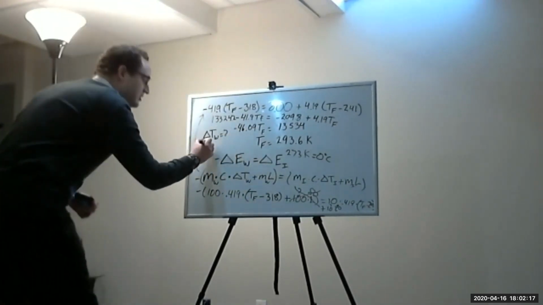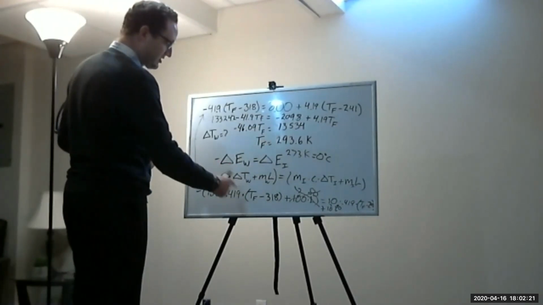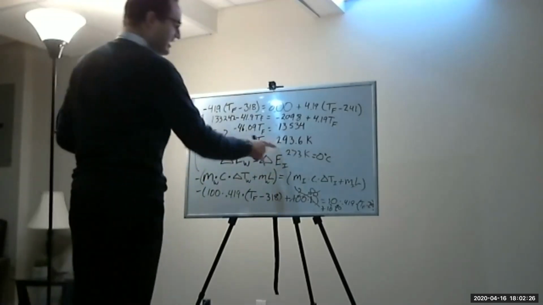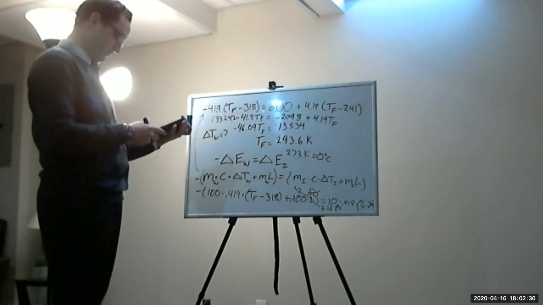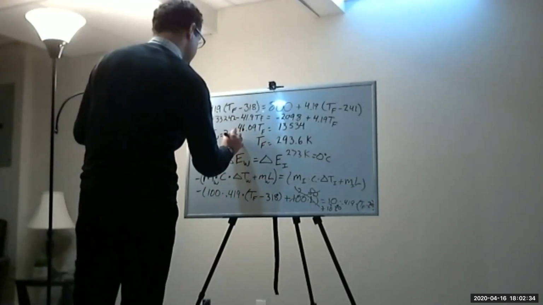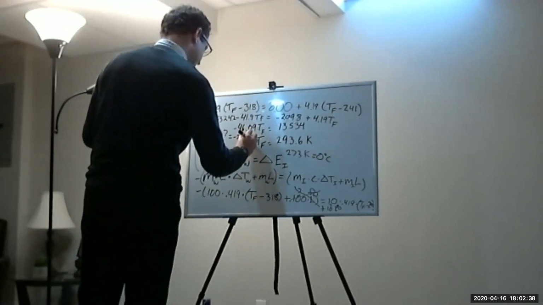Well, then what I would do to get that change in temperature is I'd simply say that was this term here, that's this here. So I'd say my 293.6 minus 318, I get that it was negative 24 Kelvin.